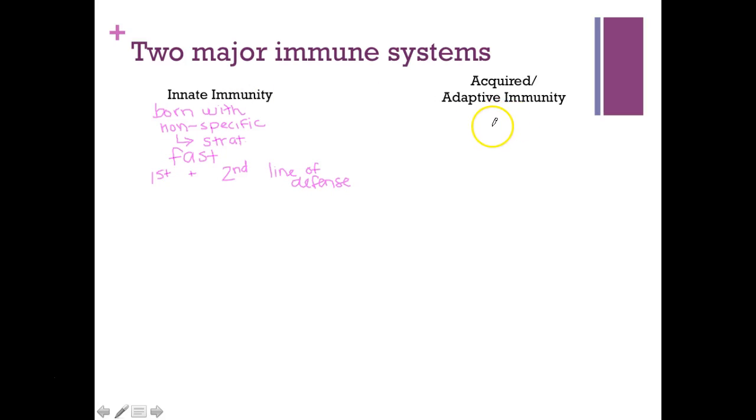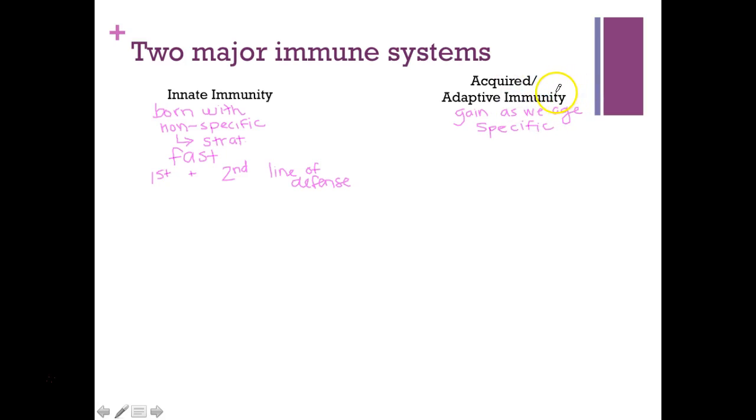Let's touch a little bit on acquired and adaptive immunity first. This is something that we gain as we age, whereas innate we were born with. And this, you might have guessed, is specific.